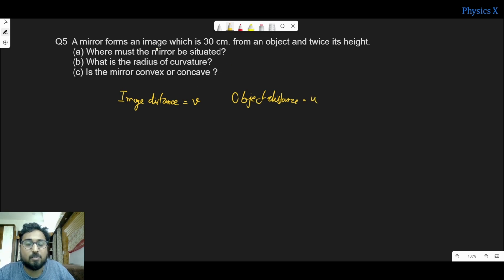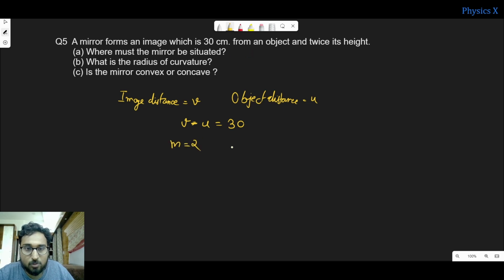He is telling that the difference between these two, the object distance and image distance, is 30 centimeter, and that the image is twice the height of its object.